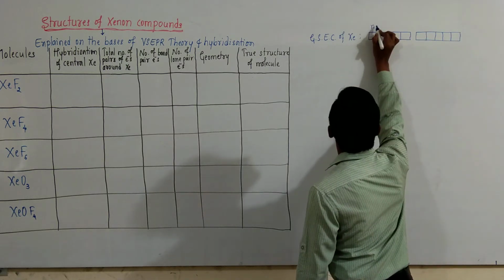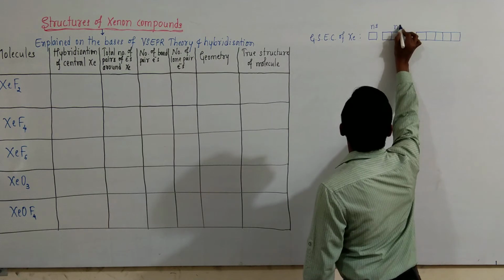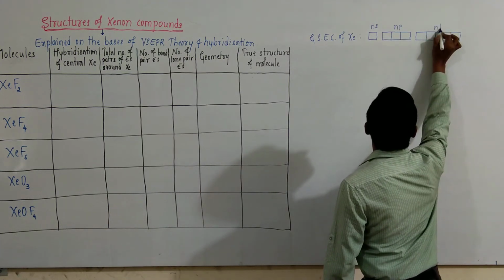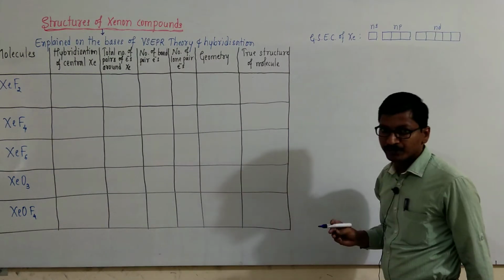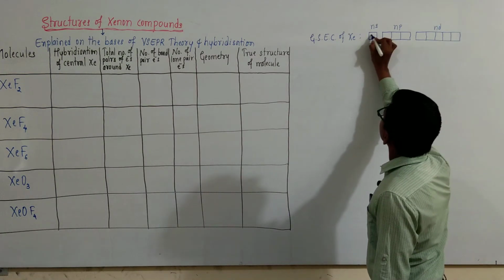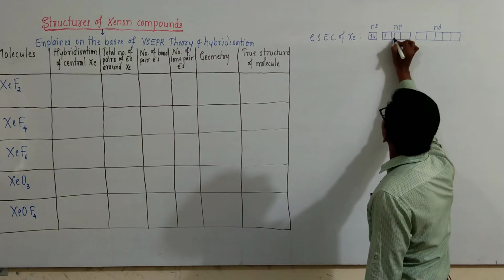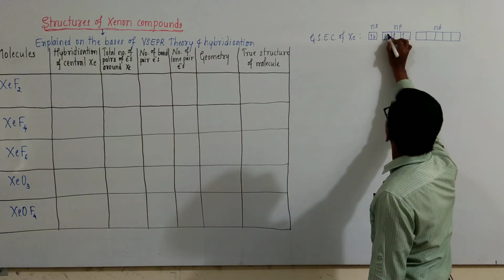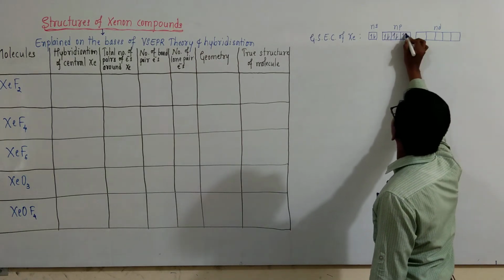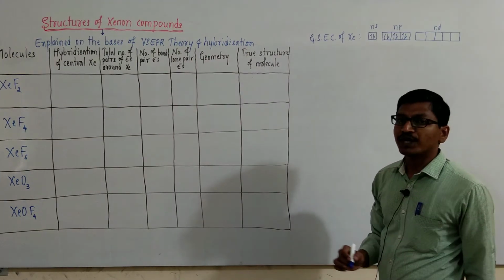This is NS, NP, ND. Xenon has a completely filled stable electronic configuration, that is NS2, NP6 configuration.